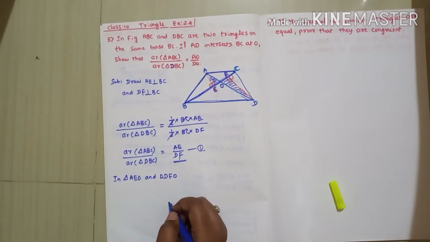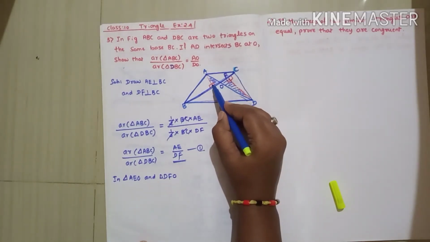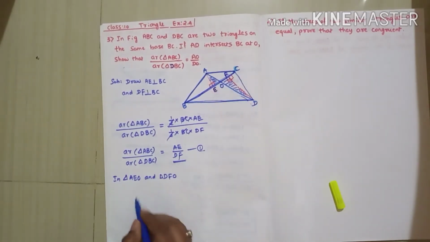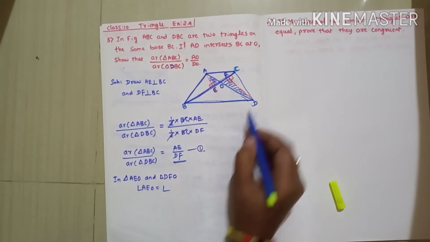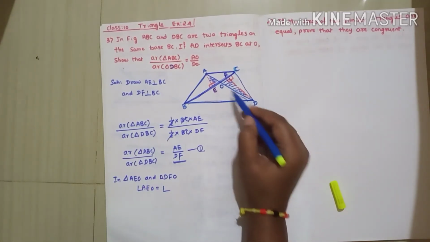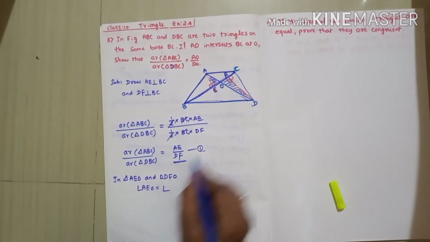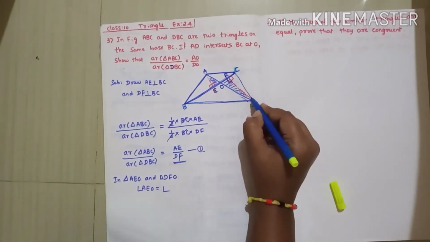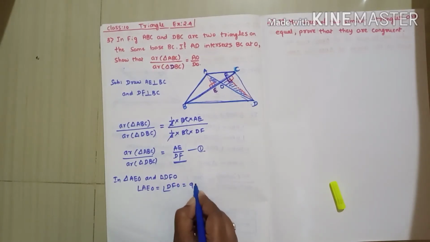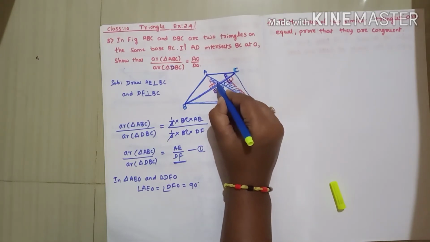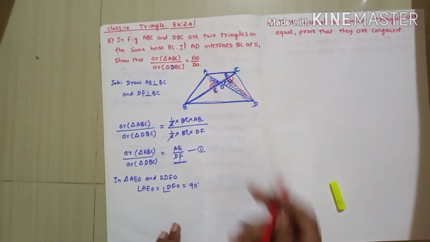For that, in both the triangles there is 90 degrees here. Angle AEO is equal to angle DFO, sorry, 90 degrees here, no? Angle DFO is equal to 90 degrees. One angle we got. And one more thing, these two are vertically opposite angles. You can identify it, right?